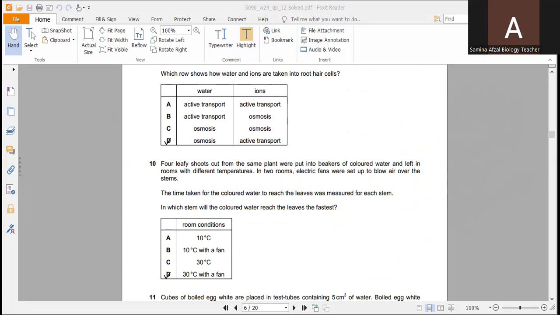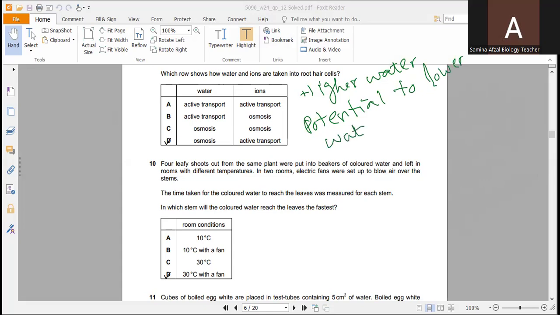We can say that water will always move from higher water potential to lower water potential, and this process is called osmosis, through a semi-permeable membrane.